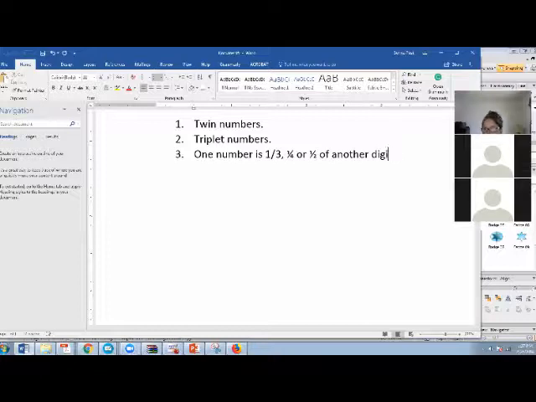So I'm going to get rid of numbers up here and put digits. So there's twin digits, triple digits. What other clues can we give?